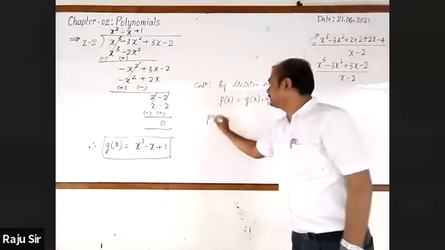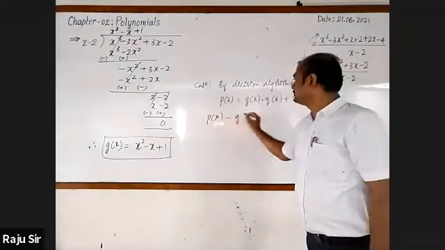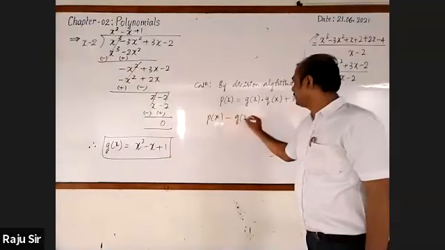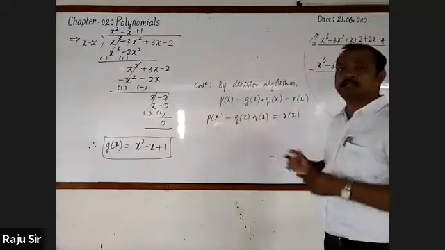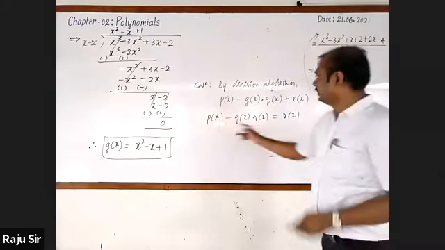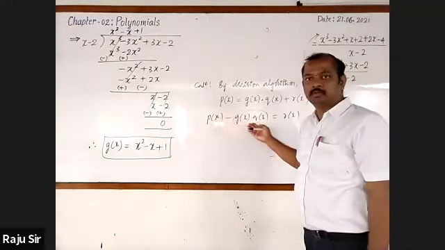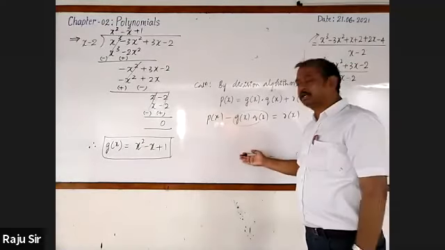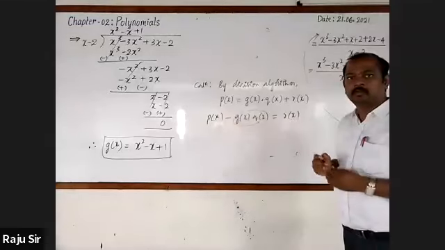Here, transfer these two to the left hand side: p of x minus g of x into q of x equals r. You know, p of x minus the product of these two, then on subtracting, you will get a polynomial. That polynomial is the remainder. Have you understood?